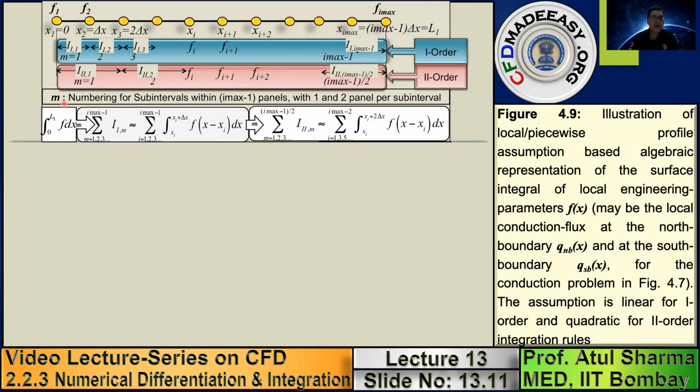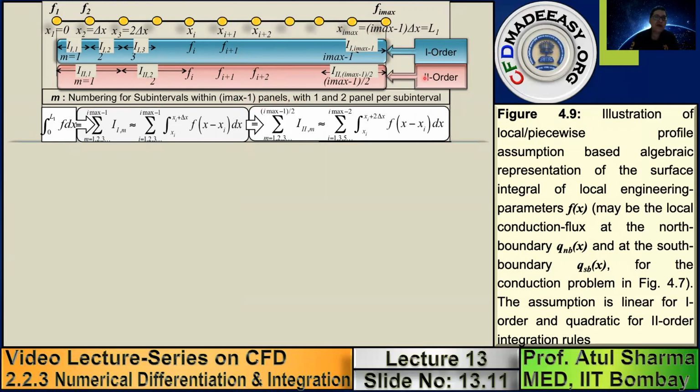So if m is the number of subintervals within I max minus 1 panels, this line is divided into I max minus 1 parts. If you have one panel in a subinterval, you get a first order representation. If you have 2 panels in one subinterval, you get a second order.